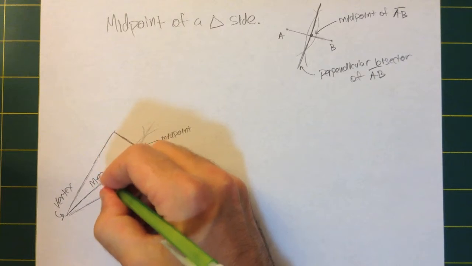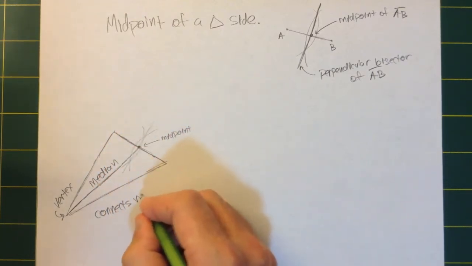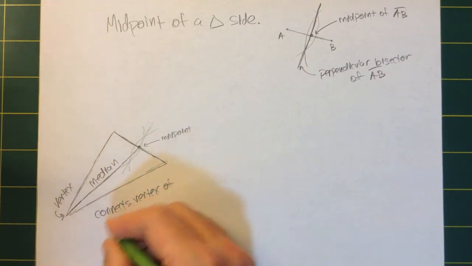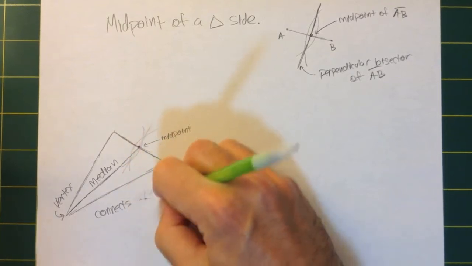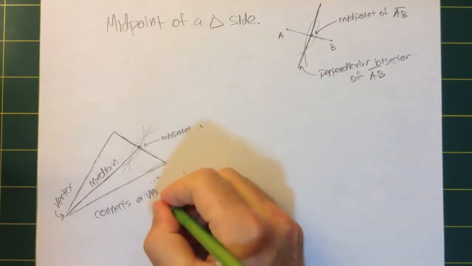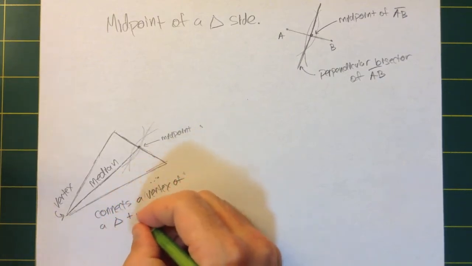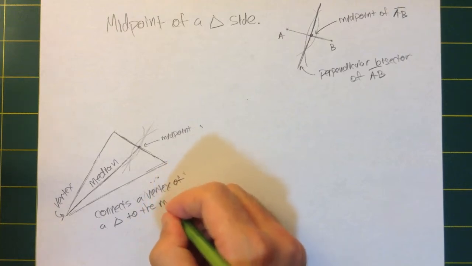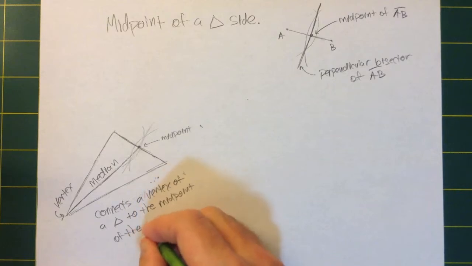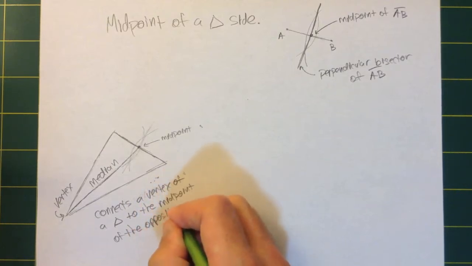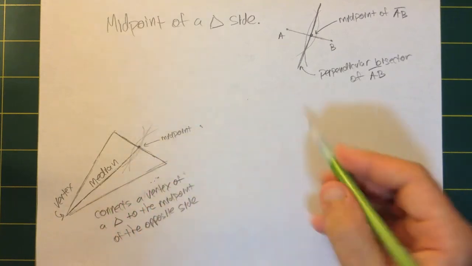It is called a median, and it connects a vertex, because there are three of them, so we'll say it connects a vertex of a triangle to the midpoint of the opposite side.